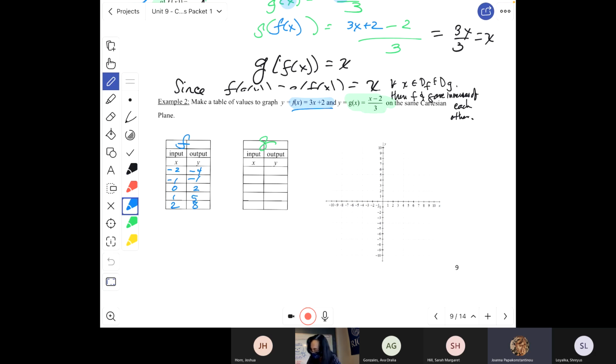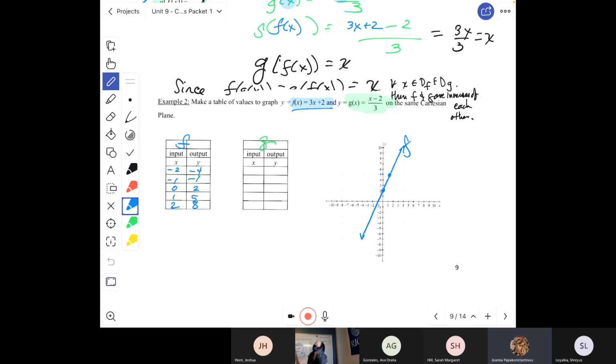I'm going to plot that. Or I could just plot the y-intercept, rise 3, and run 1. But I'm going to be careful on the test to graph this nicely. I'm going to do my best on this iPad. Okay. And I'm going to label that as f, because I need to know that's my original function.